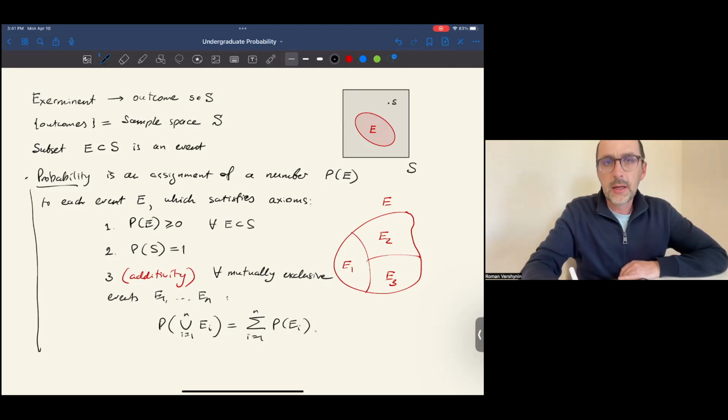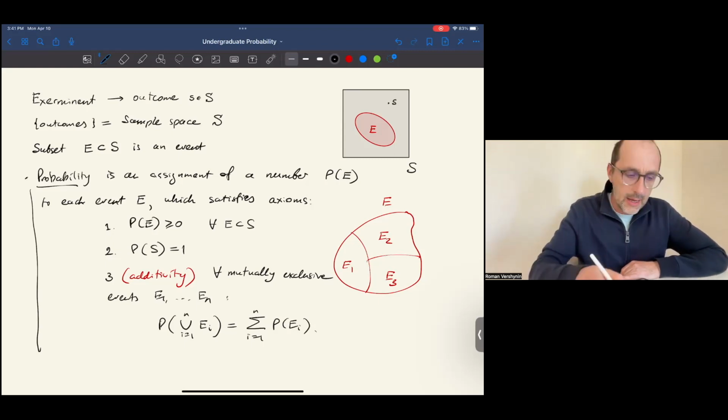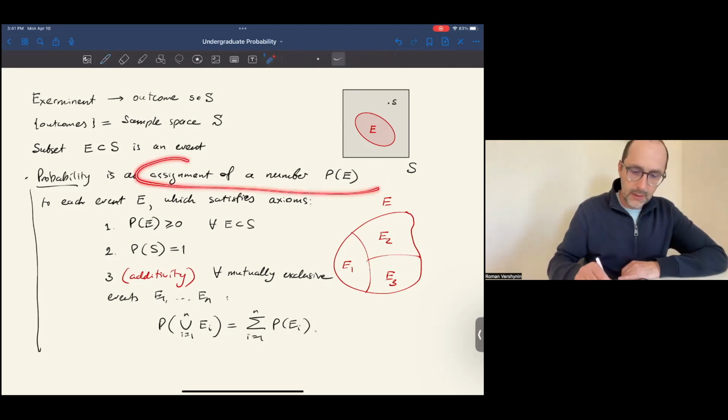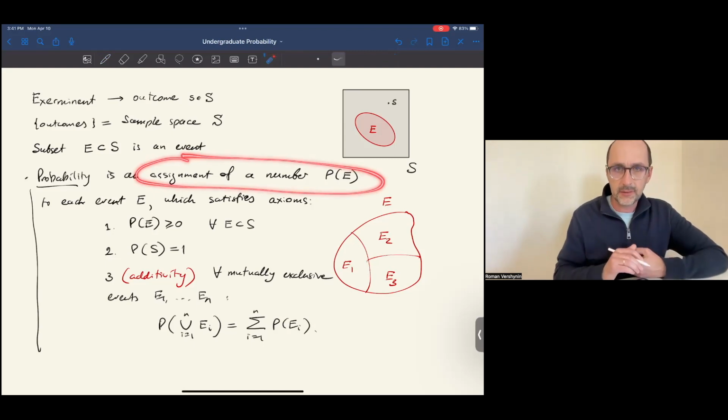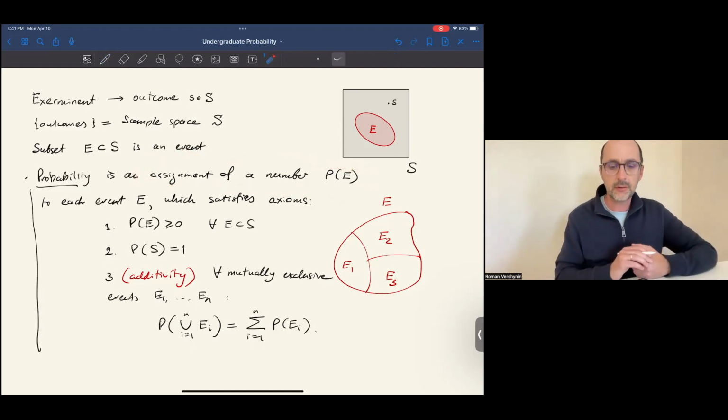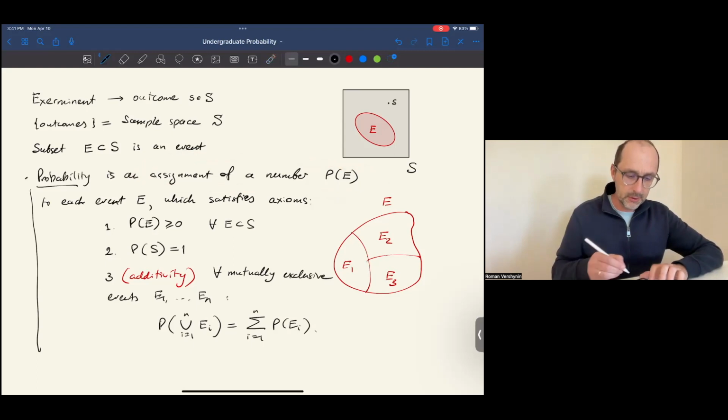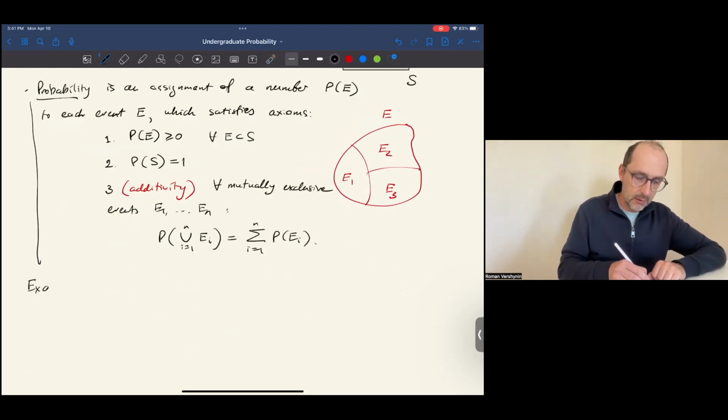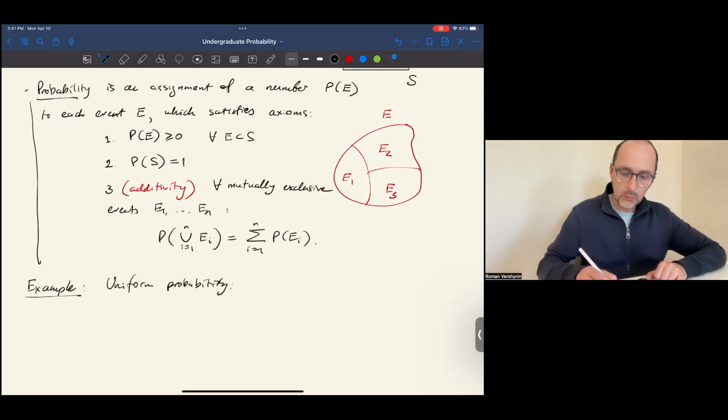This definition does not tell us how to find probability, how to make that assignment. In fact, many assignments are possible, and the simplest assignment that we considered last time is the uniform probability, in which any outcome is equally likely.